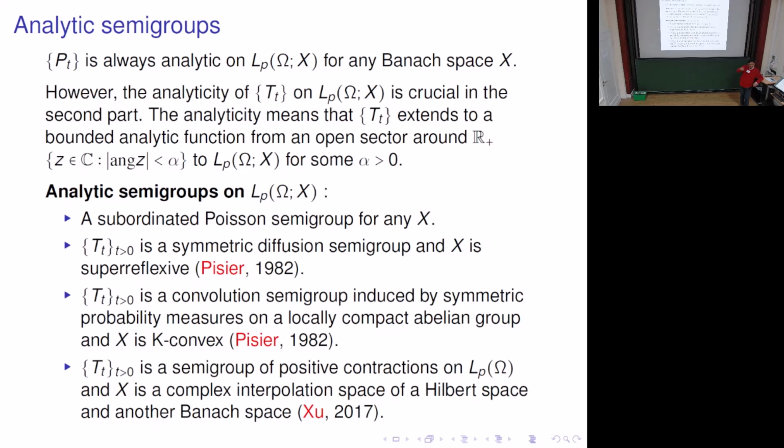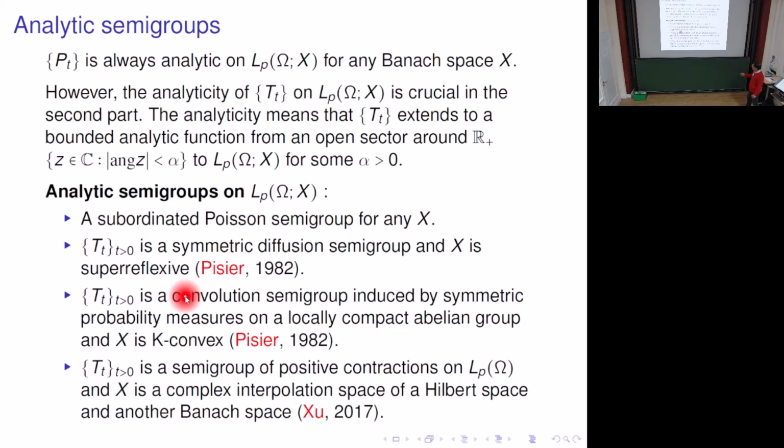In the scalar case, T_t is always analytic on L^p for p strictly between 1 and infinity. In the second one, the semigroup is a very good semigroup, and the Banach space X is super-reflexive, that means it has an equivalent norm which is uniformly convex.